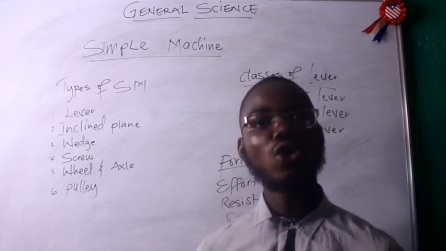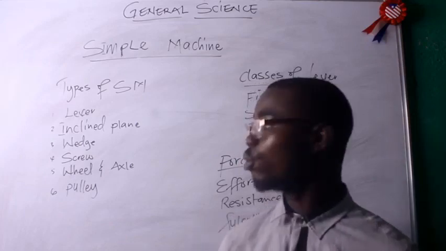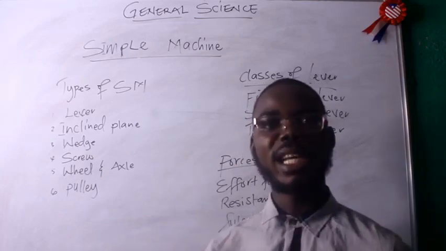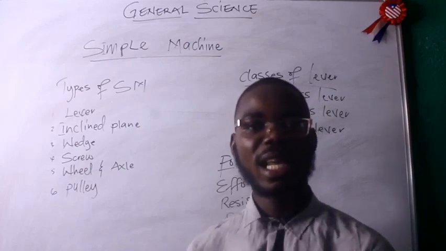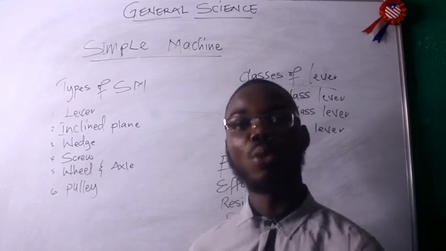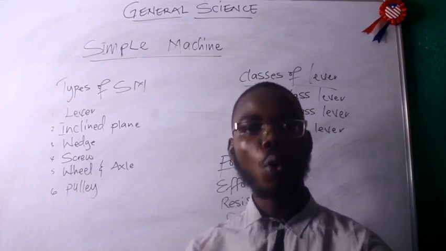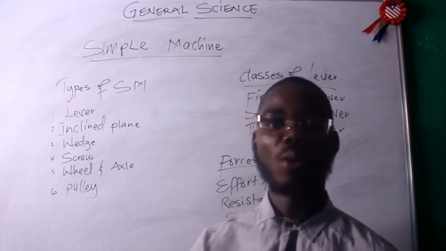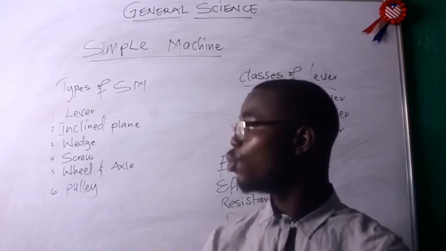So a bolt is also used to hold objects together. Now a screw normally rotates, and as a screw rotates, it causes motion. And of course, motion is anything that causes an object to move. So screws are normally used to hold objects together, and they are normally driven into a hole of an object in order to hold them together.